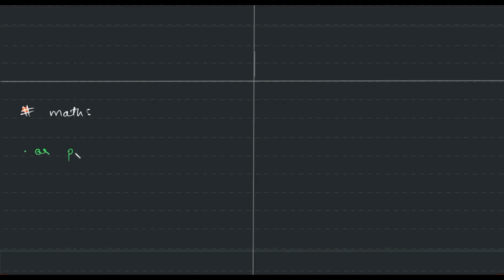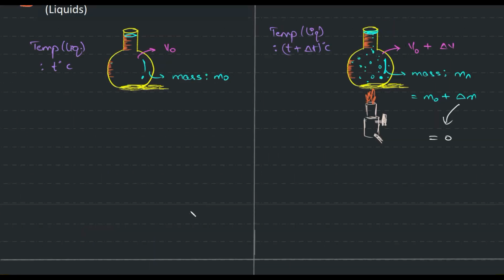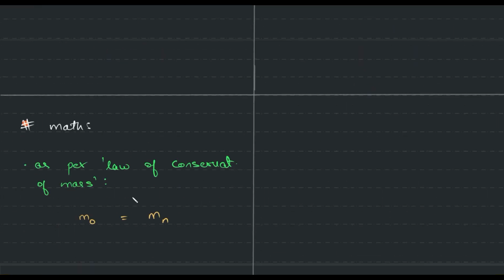So as per law of conservation of mass, what we're looking at is m naught is equal to m nu. Both are equal. Why is that? As I mentioned, law of conservation of mass. That's it.